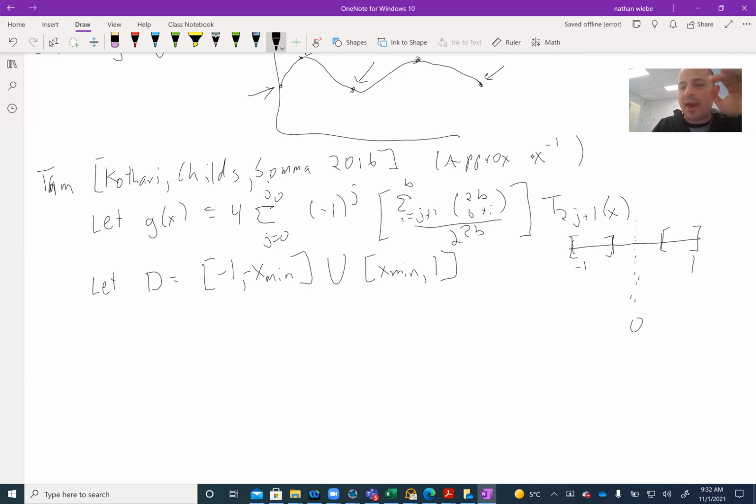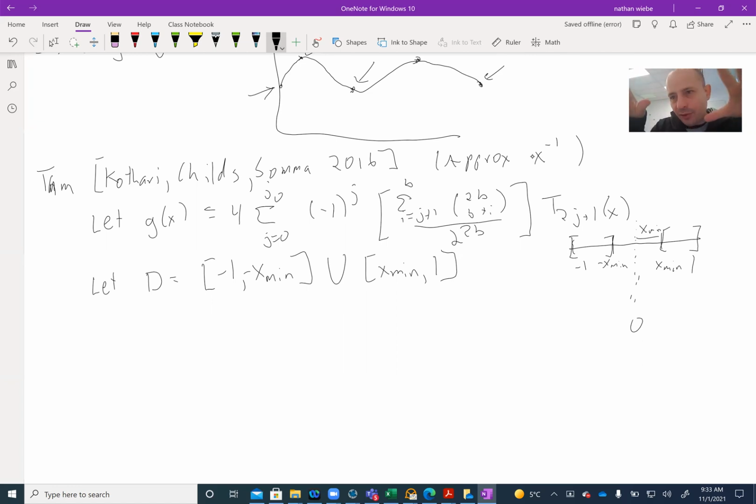So we've cut away this open interval surrounding 0 of radius x min. Okay, and this of course is -x min and x min.